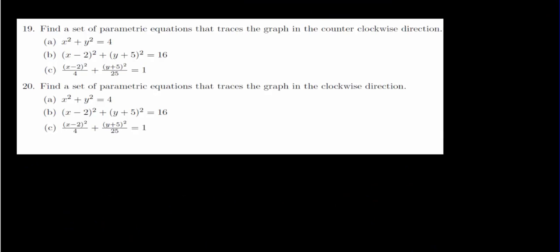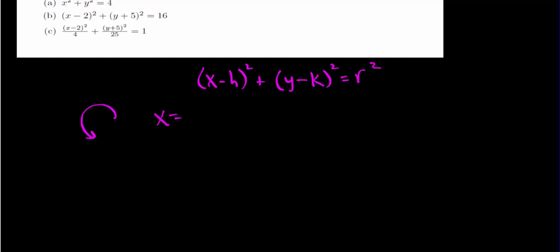Okay, now, jumping over to the parametric form of the conics. First of all, if you've got a circle, you've got the counterclockwise parameterization. You've got x is equal to r cosine t plus h, y equals r sine t plus k.